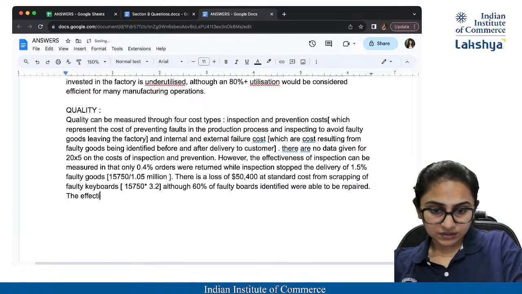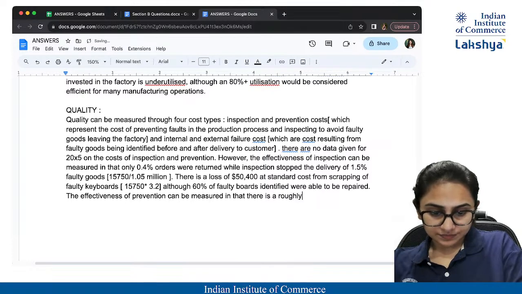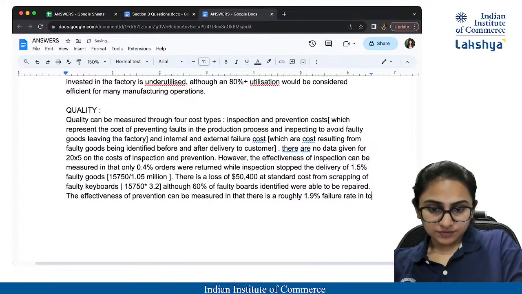So the effectiveness of prevention can be measured in that there is a roughly 1.9% failure rate in total, if you observe, which must reflect the good production practice at the factory.